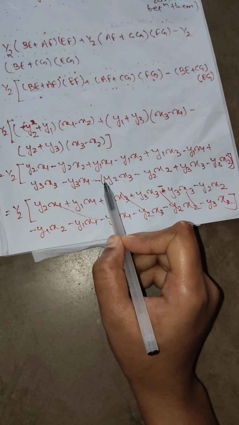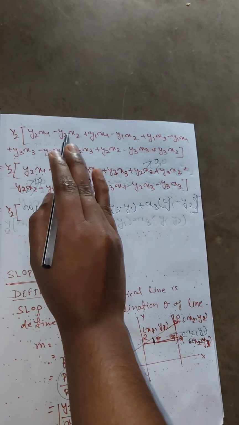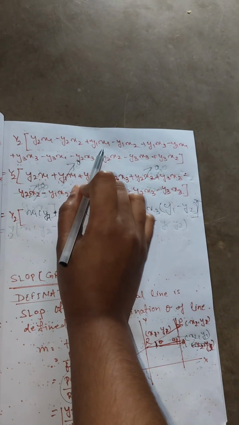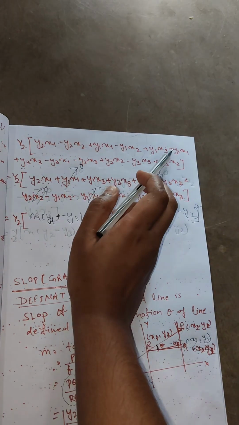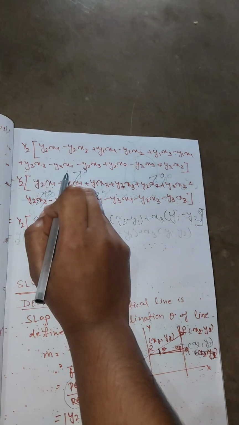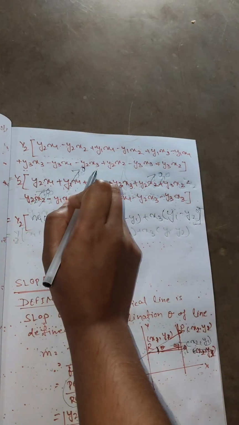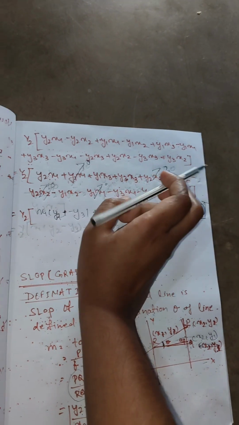Now by opening the bracket we get half, y2 x1 minus y2 x2 plus y1 x1 minus y1 x2 plus y1 x3 minus y1 x1 plus y3 x3 minus y3 x1 minus y2 x3 plus y2 x2 minus y3 x3 plus y3 x2.